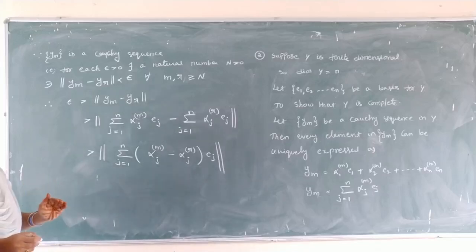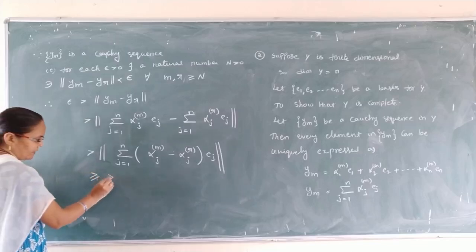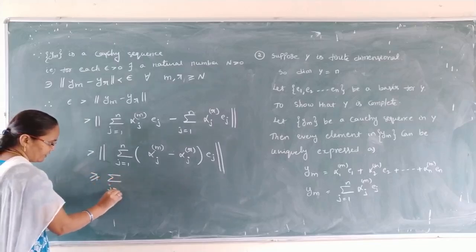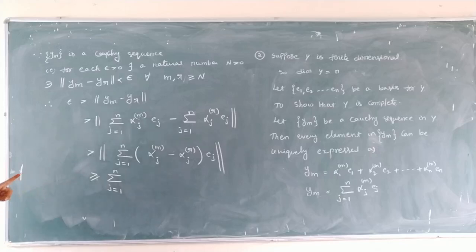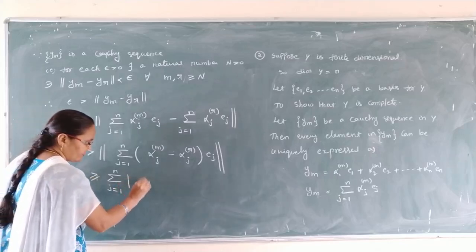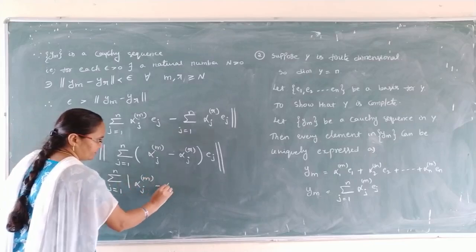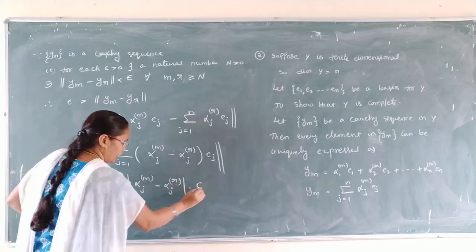By using that theorem, the next line is: which is greater than or equal to summation j equals 1 to n of modulus of alpha jm minus alpha jr, into the constant c.